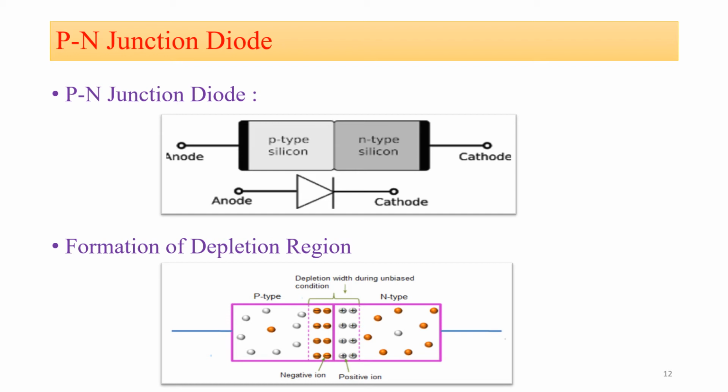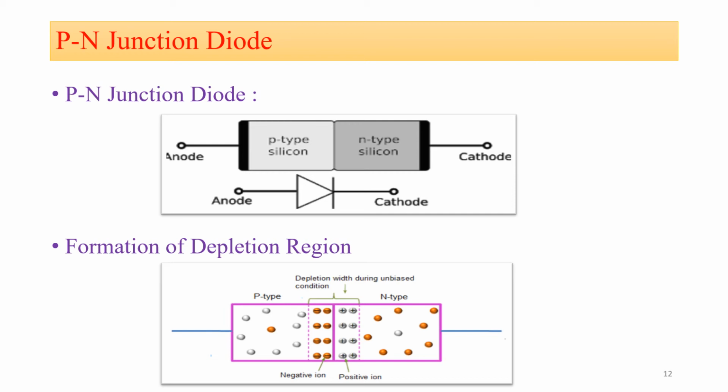Similarly, in the p region there are a number of acceptor atoms, and the free electrons recombine with the holes of the acceptor atoms. Thus, due to the additional negatively charged free electrons, these acceptor atoms become negative immobile ions just near the junction on the p region.